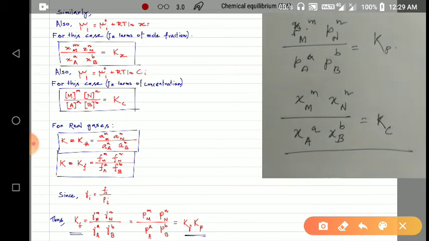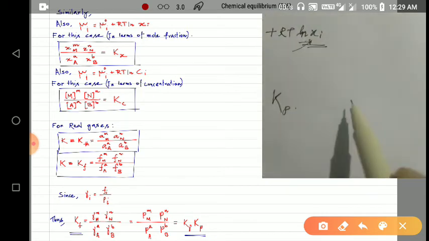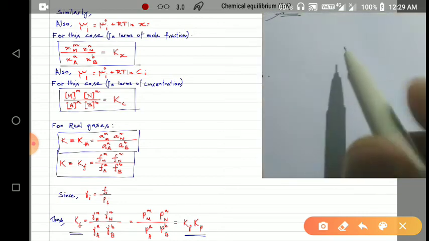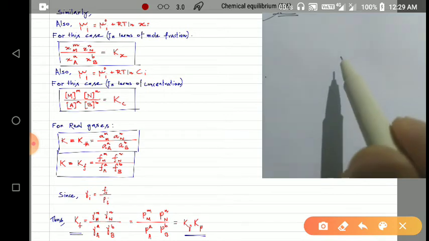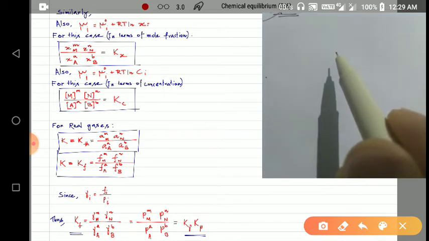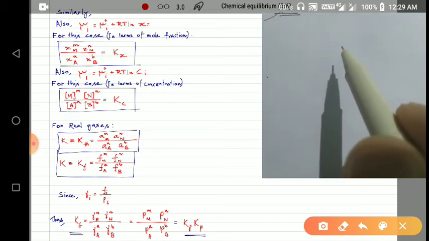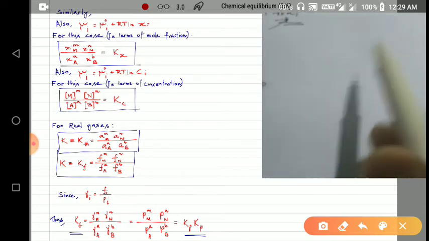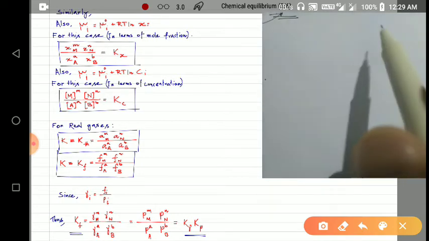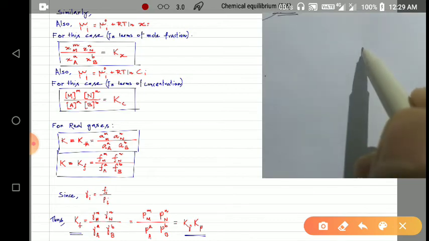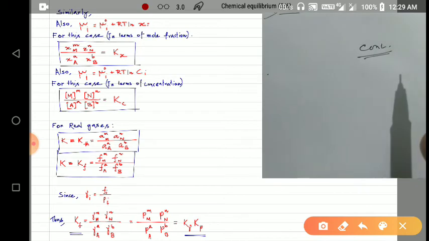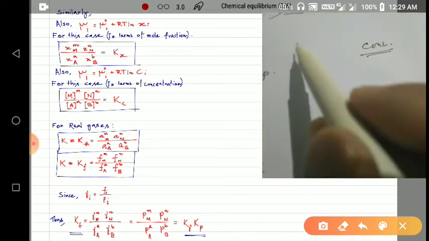Another thing is that for a solution, if the reaction occurs in solution, or the reactants and products are in liquid form, then we can even calculate their concentration, instead of the pressure of that reactant and product.